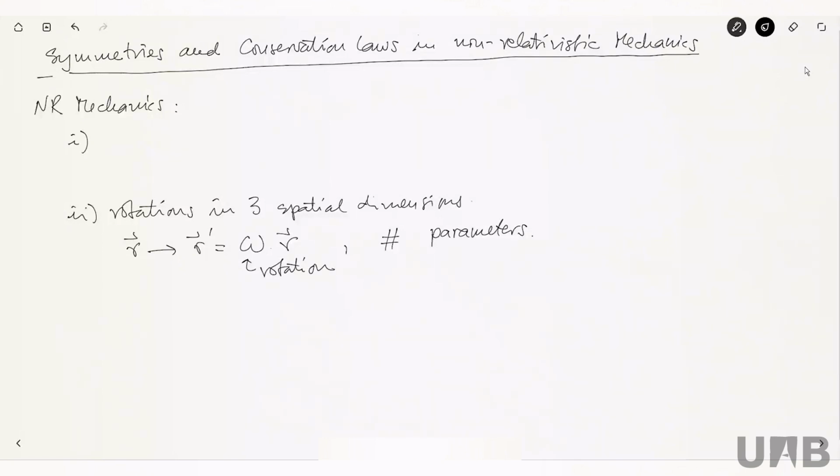I don't know how many parameters that leaves, but we can try to see what happens. Also, it has to be a proper rotation, so the determinant has to be 1. There are all these conditions, but that's not the easiest way to count parameters, and this is why actually the number of parameters is not 6.